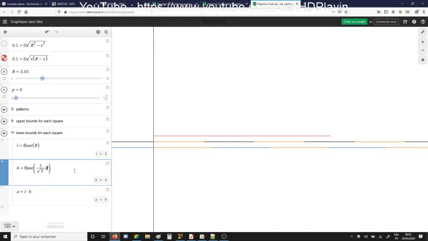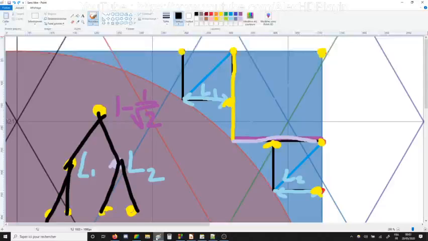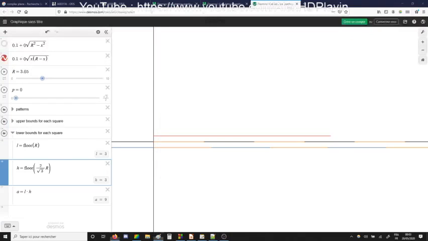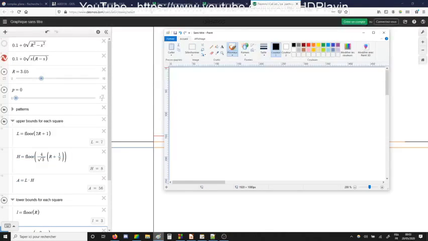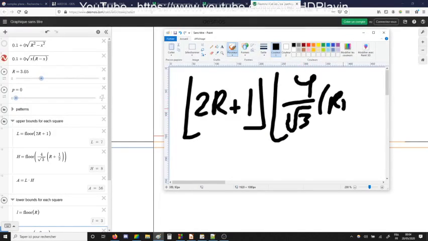So not just one value. Basically, it will be our first upper bound, which was this. That's how we write floor, by the way, in general.